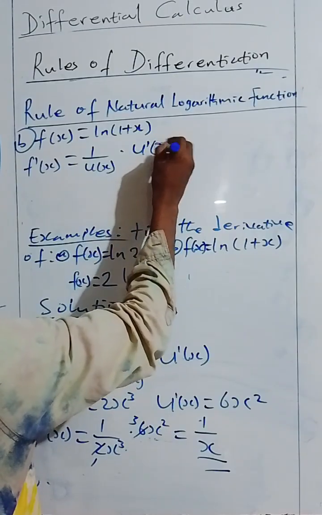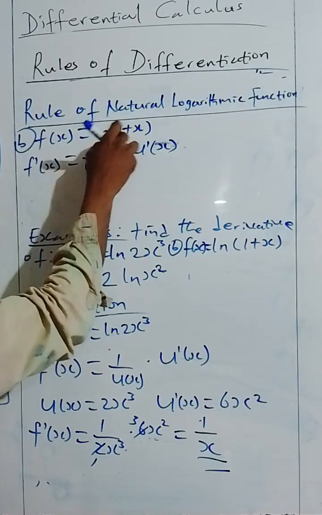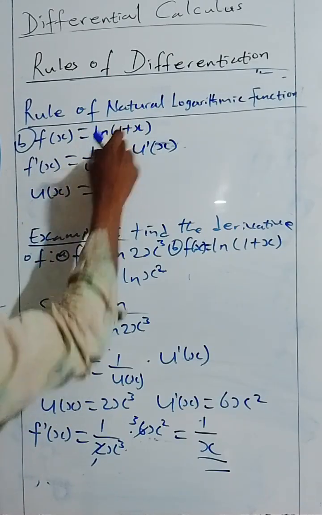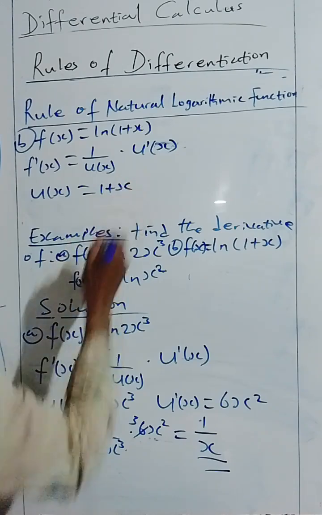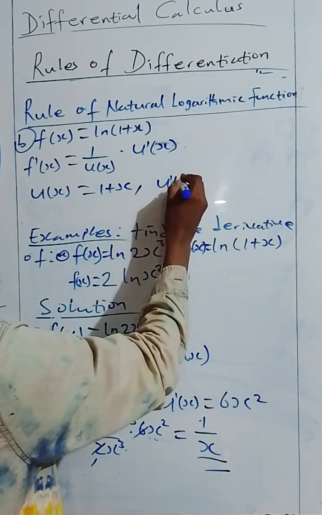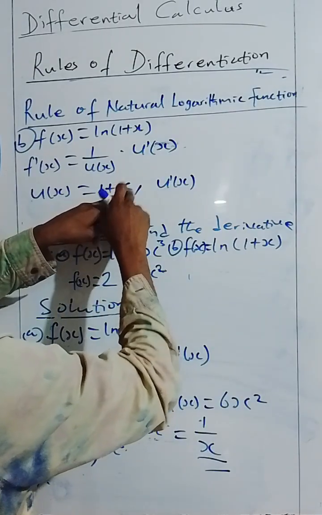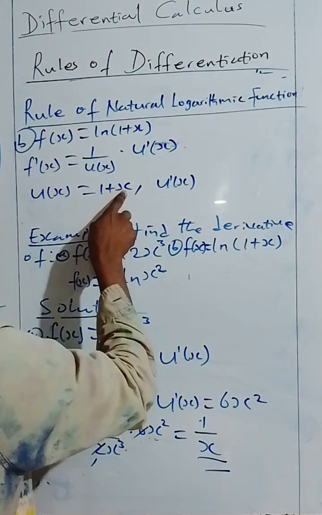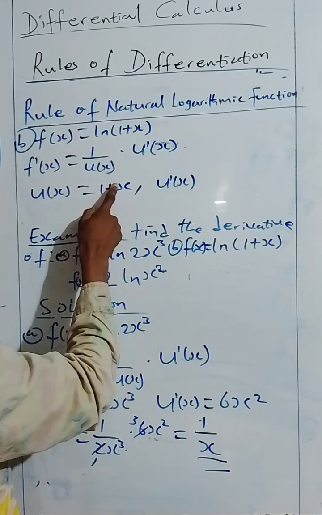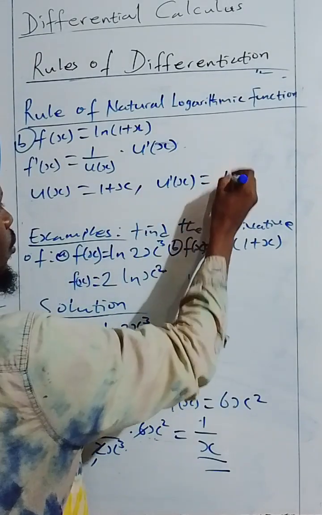From this question, your u of x is equivalent to 1 plus x. If this is so, then we have u prime of x, the derivative of this with respect to x. This is a linear function. The coefficient of this x here is 1, so here we have 1.